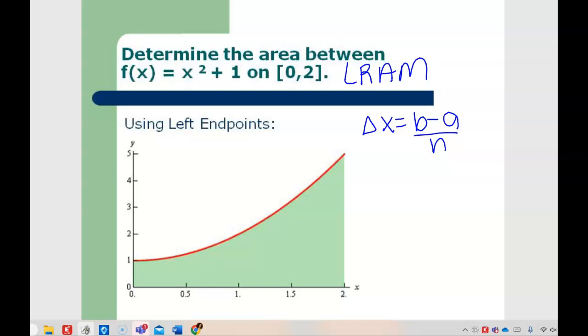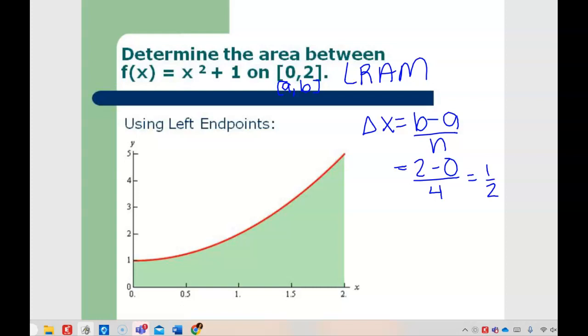We determine each width by taking a and b from the interval, subtracting them, and then dividing by the number of rectangles we're told to use. In this case, we are told to use 4 rectangles. So the width of every rectangle I'm going to create is 1/2.